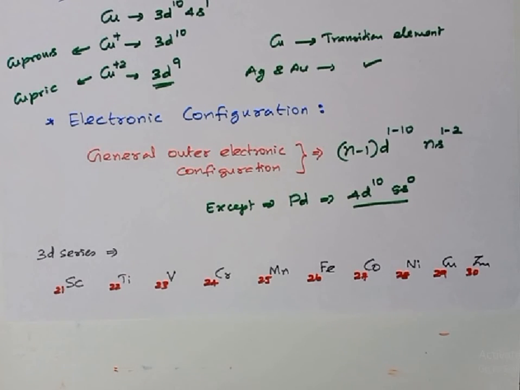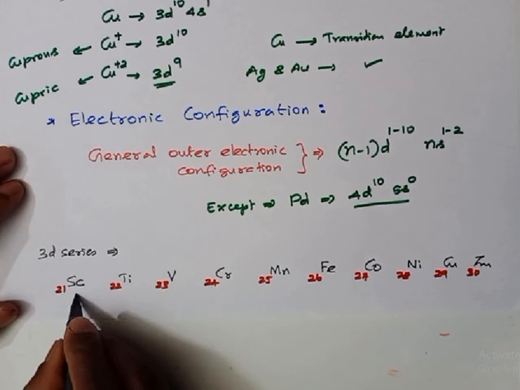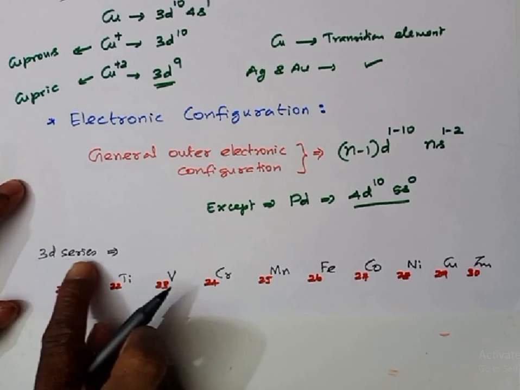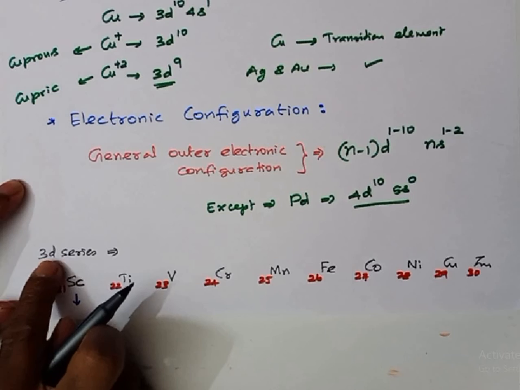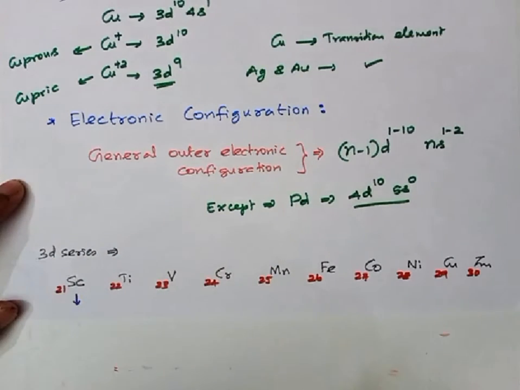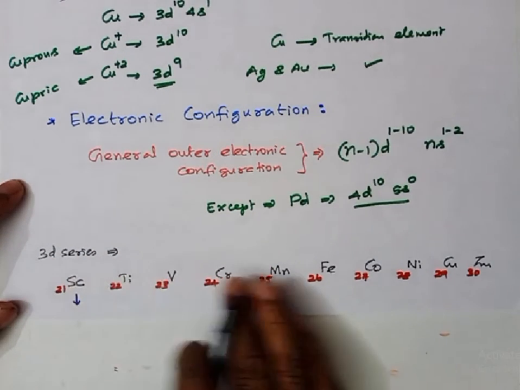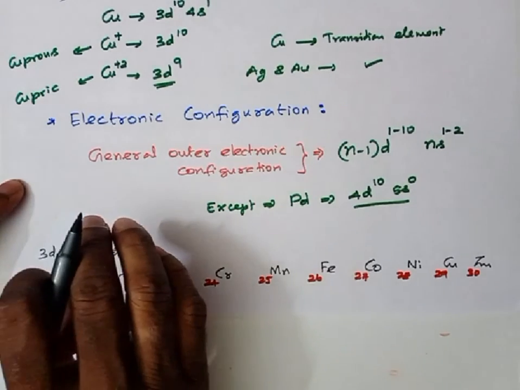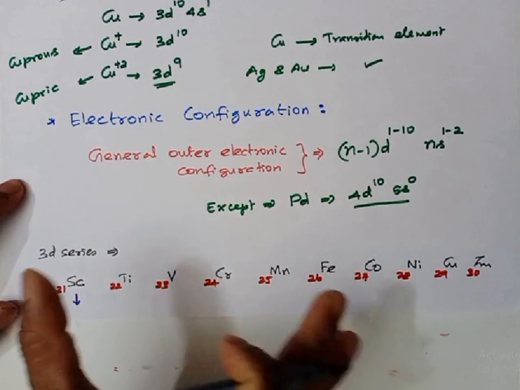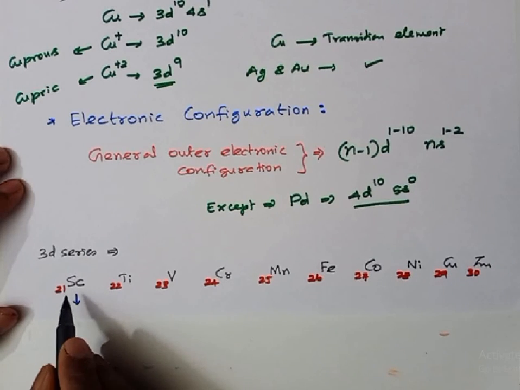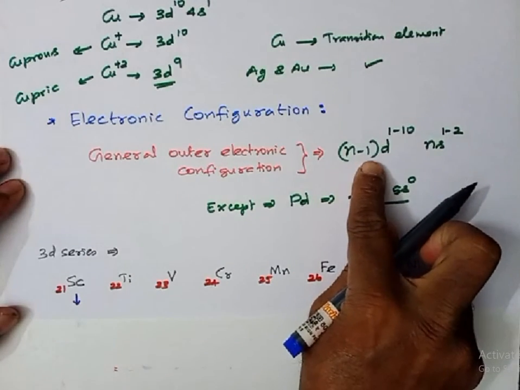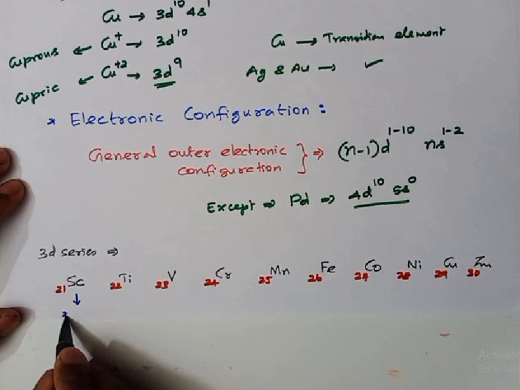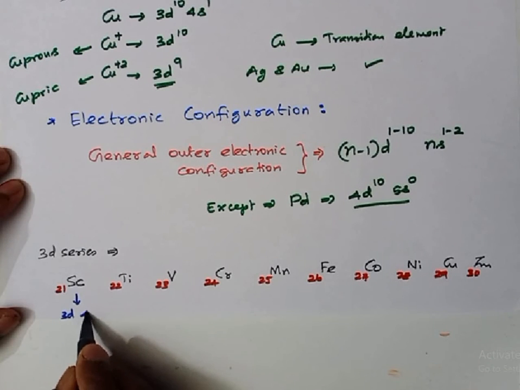How? See, for scandium, the outer electronic configuration, since they are all 3d series, the 3d subshell is incompletely filled. In 3d series elements, the 3d subshell is incompletely filled or completely filled, because I am talking about d block. So for scandium, the electronic configuration is 3d. Students, observe carefully. 3d, put 4s.